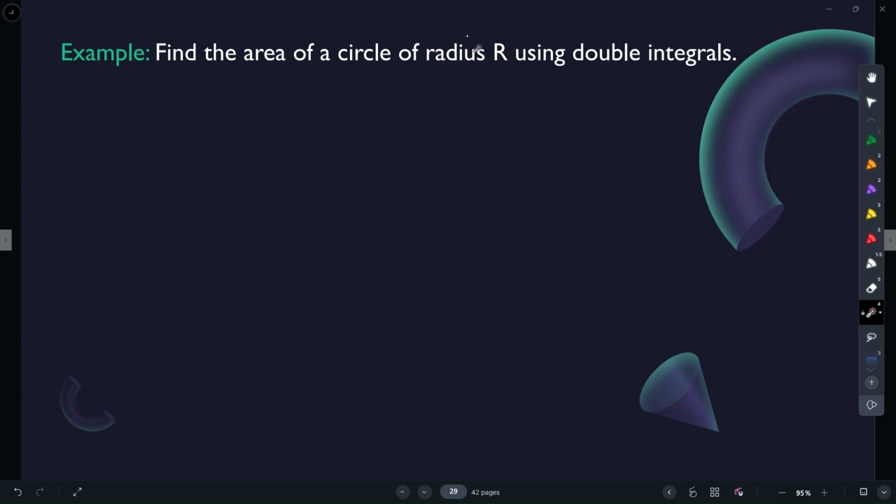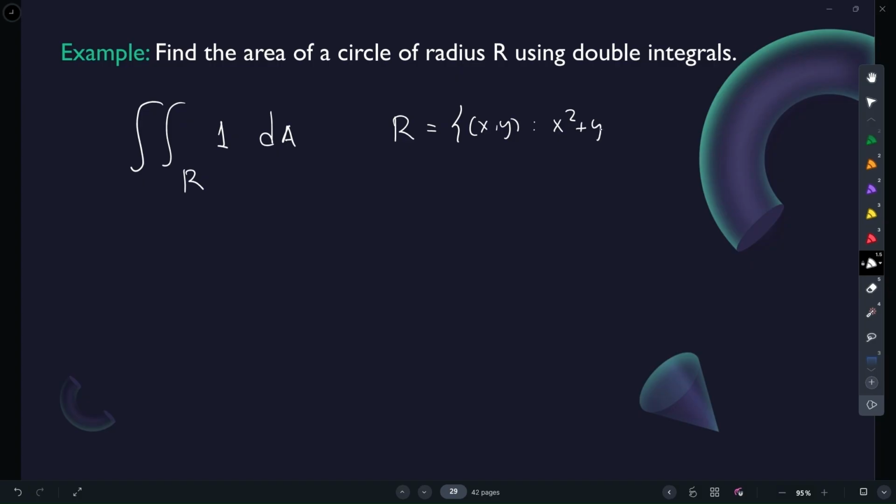I can do exactly the same thing for finding the area of a circle of radius R. So if I want to find the area of a circle of radius R, I would integrate 1 over the circle, so points x, y, such that x squared plus y squared is less than or equal to R squared. And I can translate this to polar coordinates, so this will be equal to the integral from 0 to 2 pi.